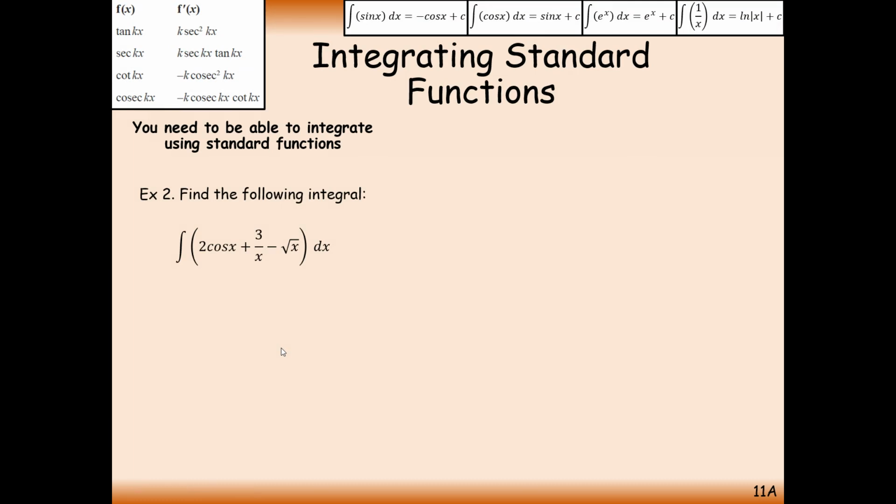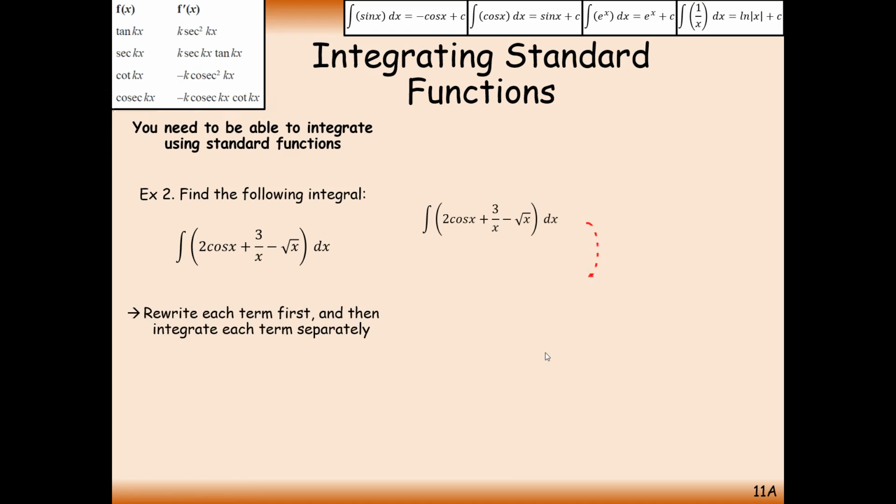We are asked to calculate the integral of 2 cos x plus 3 over x minus x to the power of a half. We can rewrite these powers in a neater fashion so that we can see what's going on. We can factorize the 3 out of that middle term. When we have plus and minus signs between these terms, we can treat them separately as if there are 3 different integrals.